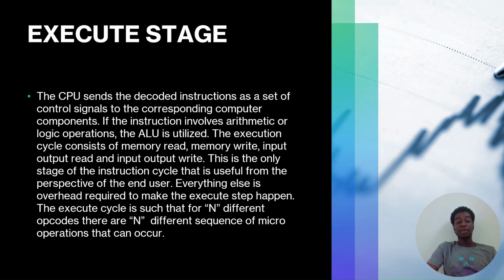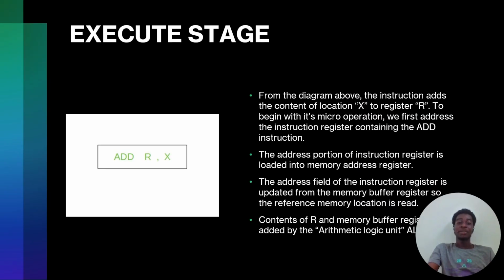The execute cycle is such that for n different opcodes, there are n sequences of micro operations that can occur. A hypothetical example of this can be seen in the diagram above. From the diagram, the instruction adds the content of the location X to register R. To begin with its micro operations, we first address the instruction register containing the add instruction.